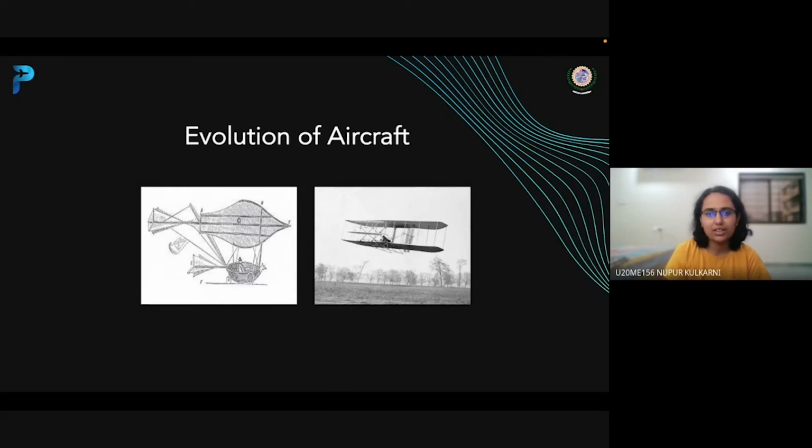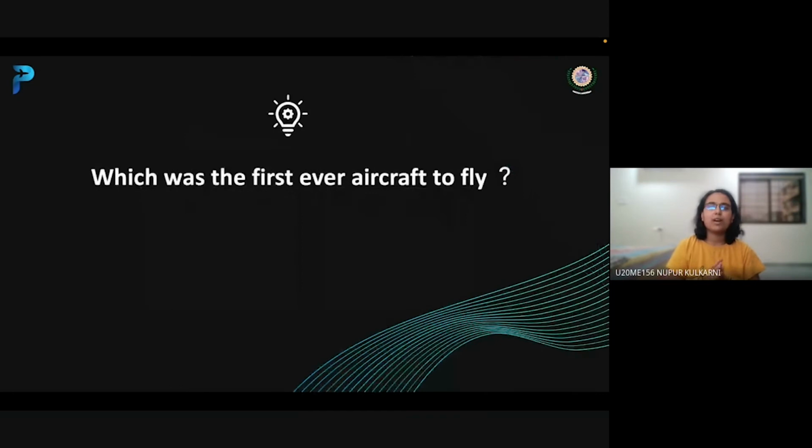The second one is the biplane, which we all know was invented by the Wright brothers. We consider this biplane as the soul of how our aircrafts evolved into what we see today. We think that this is the main aircraft from which the airplanes we see today evolved.